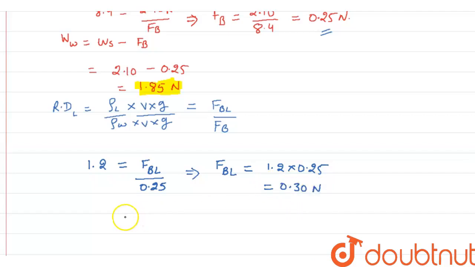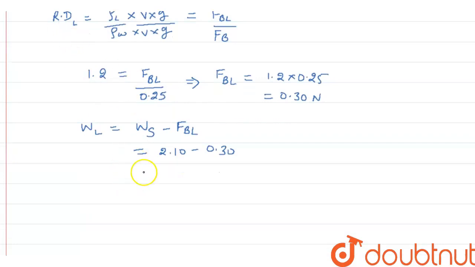that is 0.30 Newton. So the body weight in the liquid can be calculated by the difference of the body weight in the air, so this is the body weight of the solid minus the buoyancy force in the liquid, that is 2.10 minus 0.30, which is equal to 1.80 Newton.